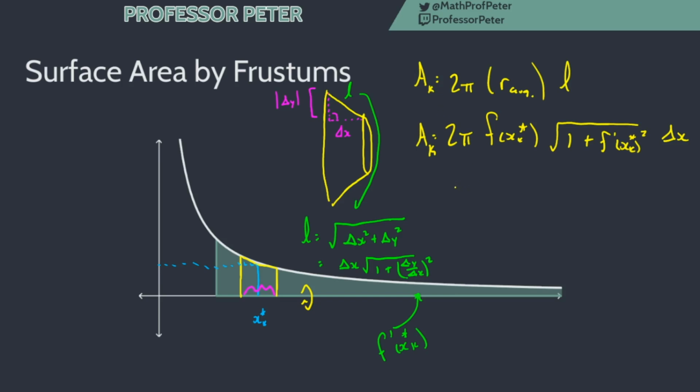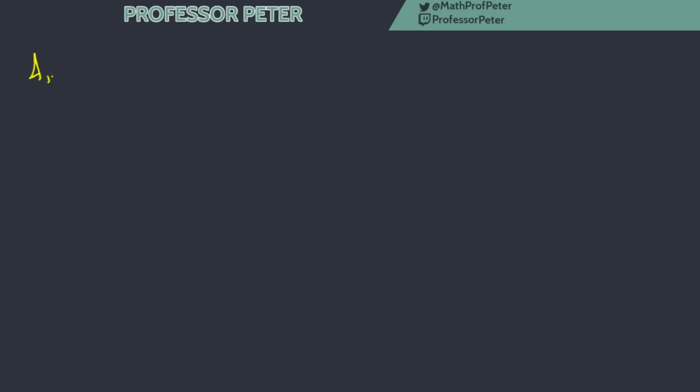Kind of a messy formula. What we'll be able to see then is that if that's the area of the kth frustum, 2 pi times f of x sub k star times the square root of 1 plus f prime x sub k star squared times delta x, then we can do the same kind of thing that we did before.